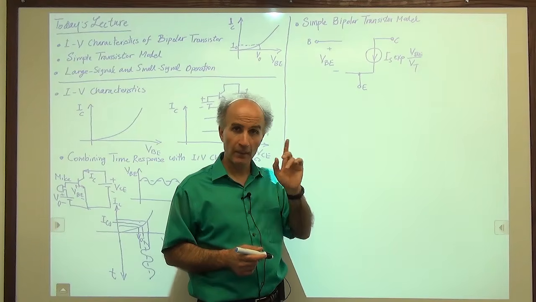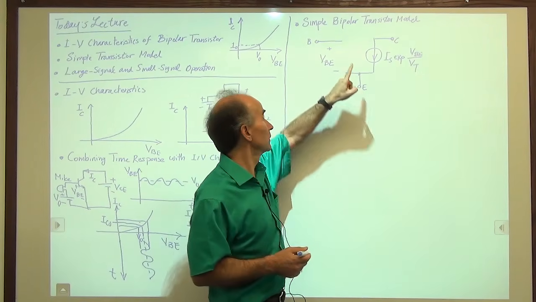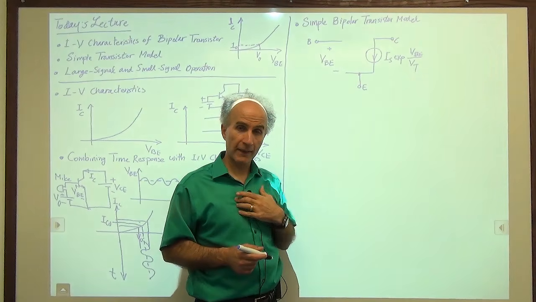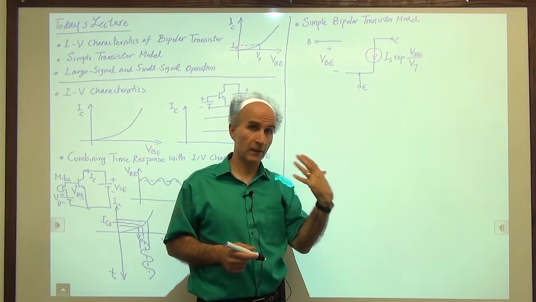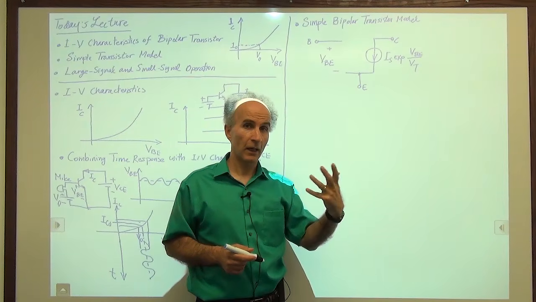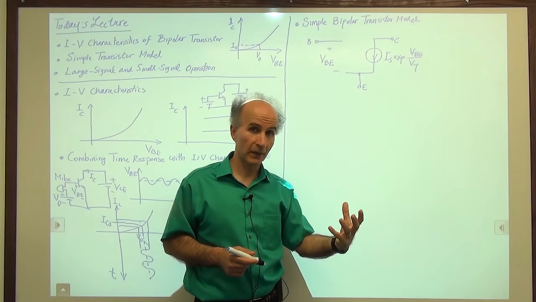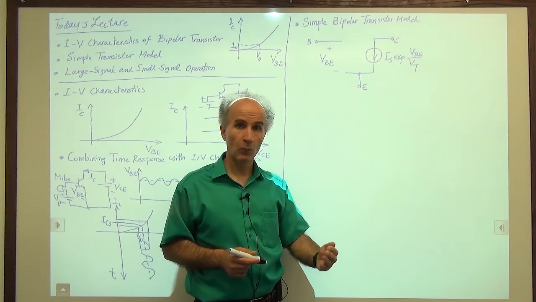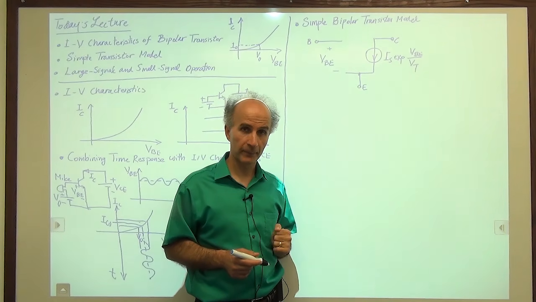You can say, well, but there's a base current, so let's try to do something else, etc. That's the job of us as engineers. We have to start with the simplest model to gain a good understanding and some insight into the circuit, and then we replace that simple model with more complete models.